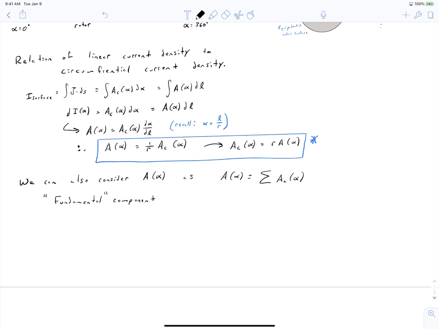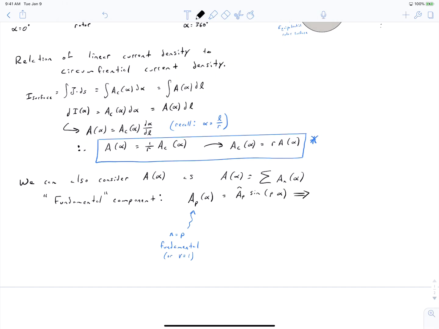It's going to be from radians of 0 to 2 pi, because that's one revolution around your stator. But in electric machines, we typically have periodicity based on the number of pole pairs of our machine, and so the convention is to call the index of n equals p as the fundamental.